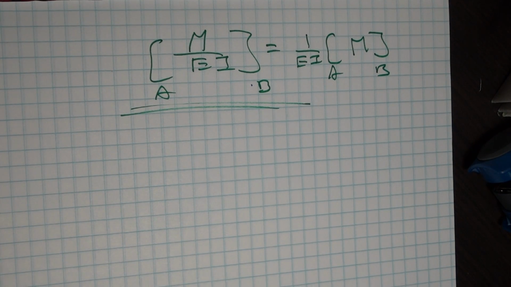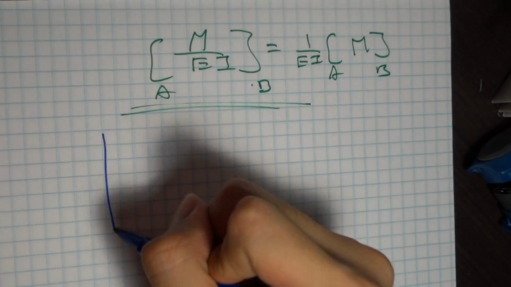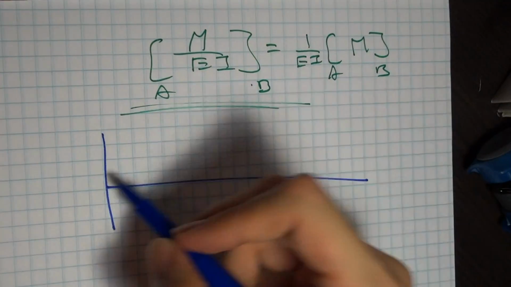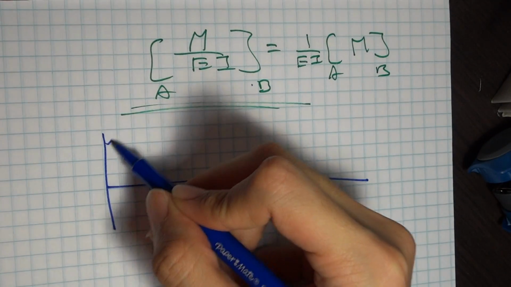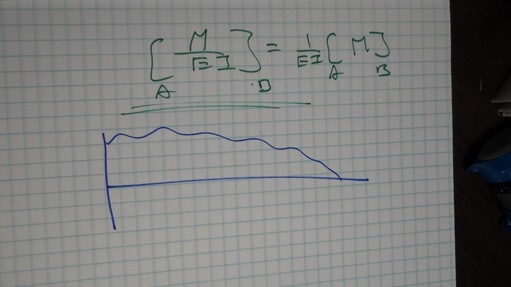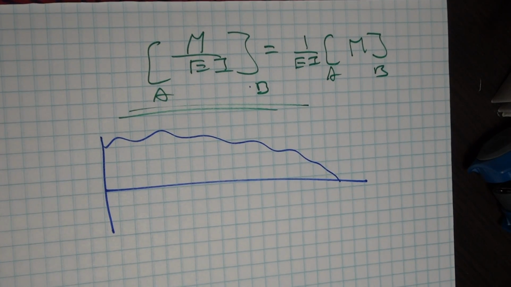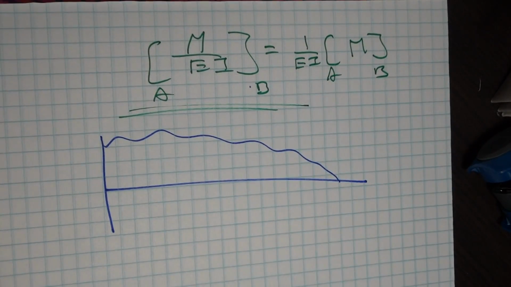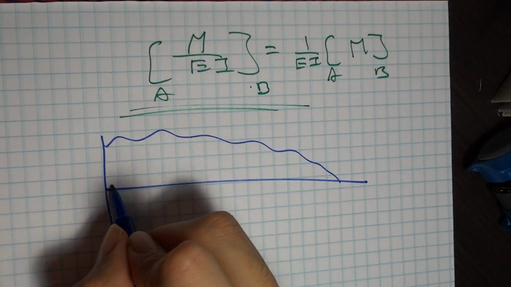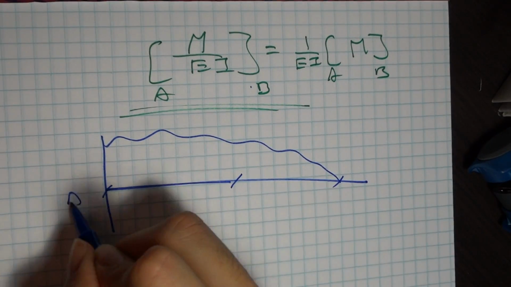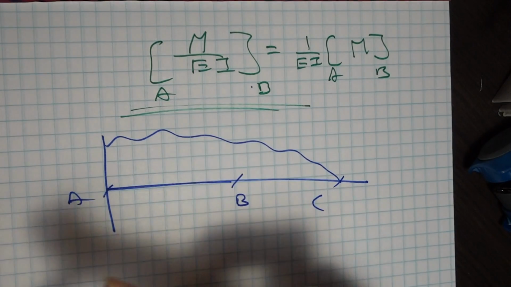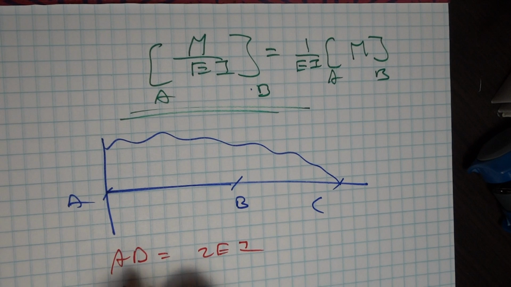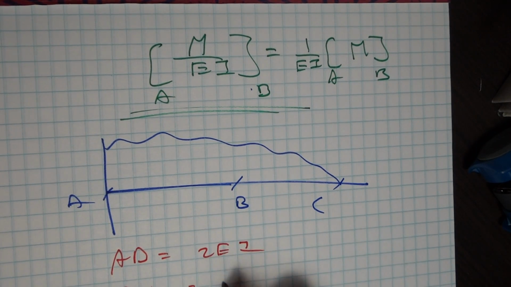So all I need to do is take my moment diagram. Let's say my moment diagram looks something funny, like this. It says 2 EI and 1 EI, right? Let's say that this is A, B, C. Let's say that from A to B equals 2 EI and BC equals just EI.